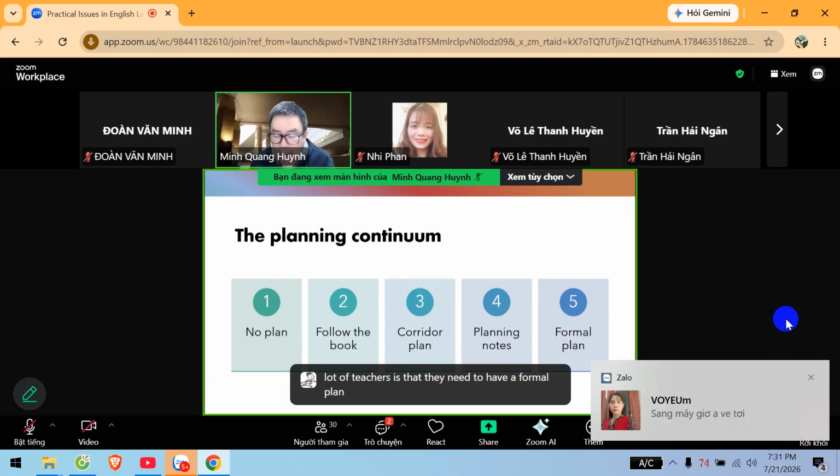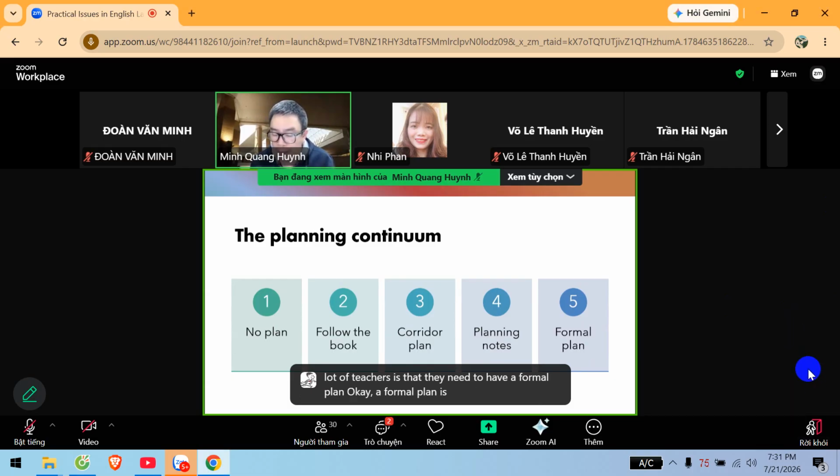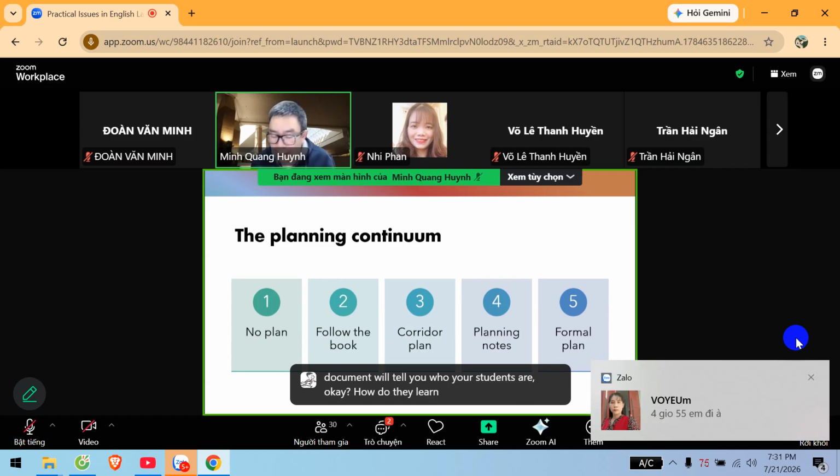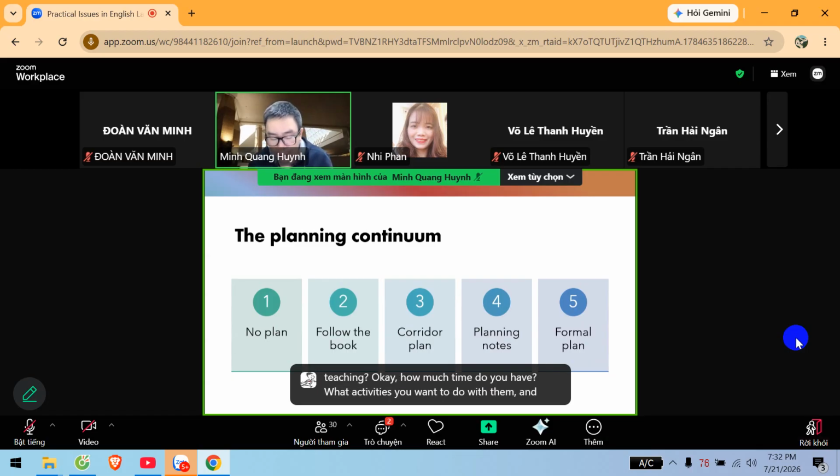A formal plan is what you think about deeply and carefully, and then you put into words, into a document. The document will tell you who your students are, how they learn, what lesson you are teaching, how much time you have, what activities you want to do with them, and so on. So that's a formal plan.